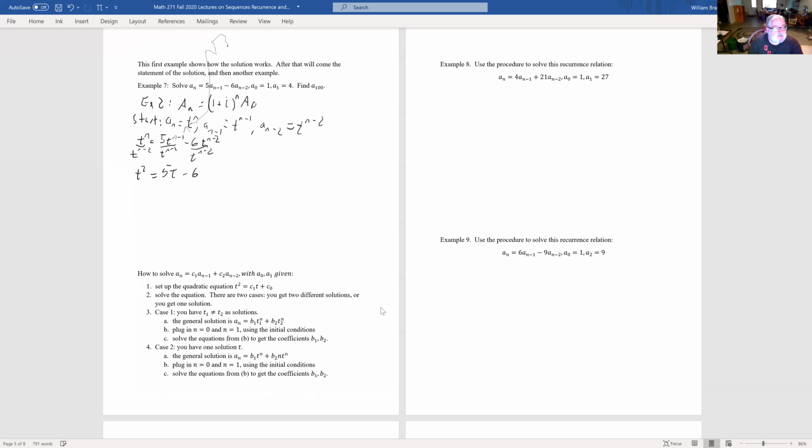And then the t to the n minus 2's cancel out. So if t squared equals 5t minus 6, I know how to solve that for t, because if I move everything to the left side, it is a quadratic equation. And I know how to factor that.